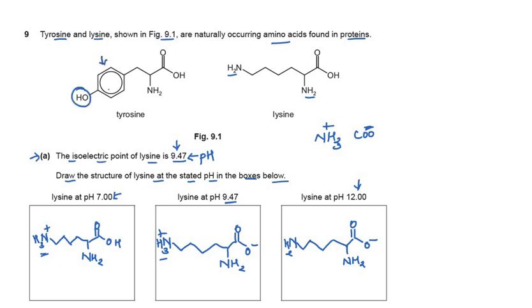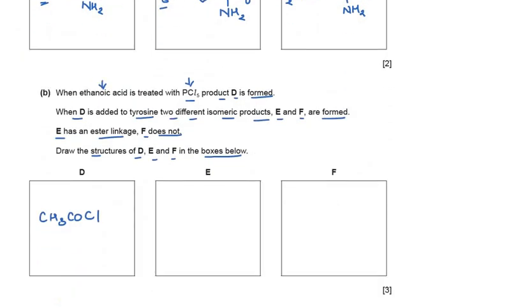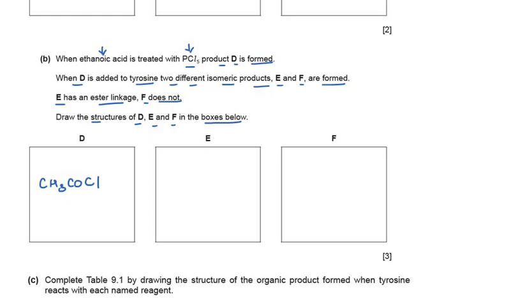So you can say there is a phenol group here, and then we have one NH2 and a carboxylic group as usual in amino acids. Let's draw the tyrosine part with D reacting with the tyrosine, producing the isomers E and F. It says that E has the ester linkage.